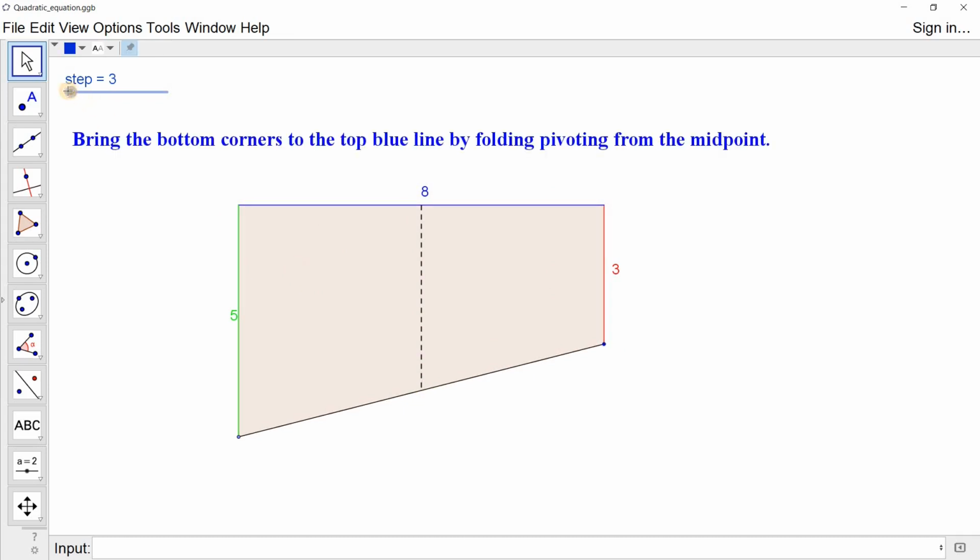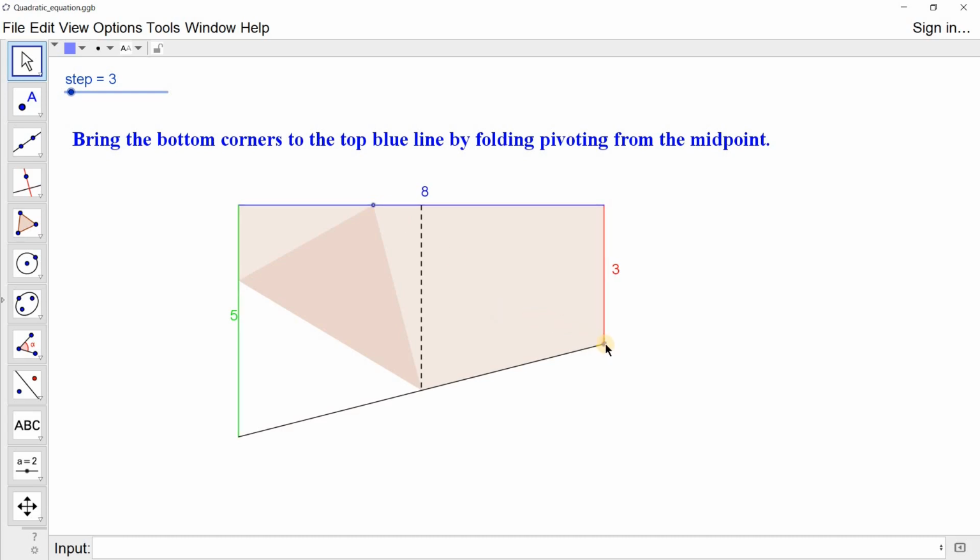Then in step 3 what we do is bring the bottom corners to the top blue line by pivoting from the midpoint. What it says is, let's bring this topmost corner to touch this blue line in such a way that the bottommost corner just touches the mid crease like this.